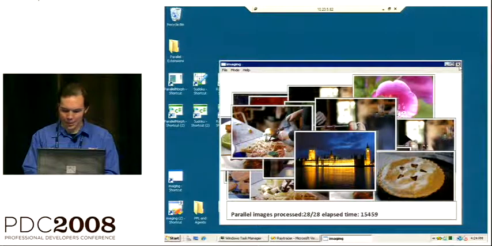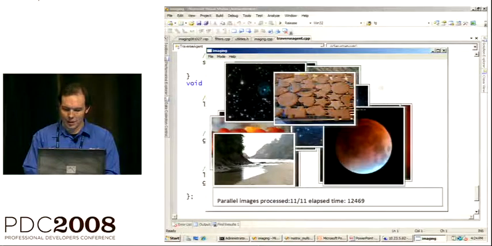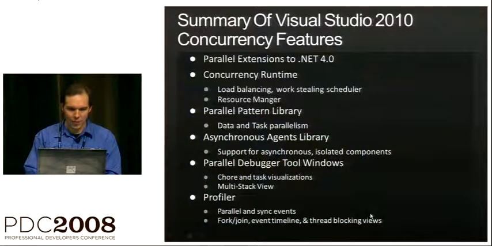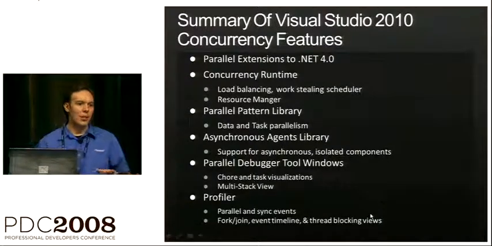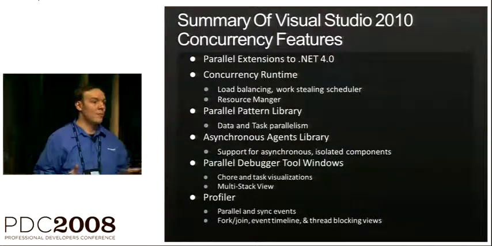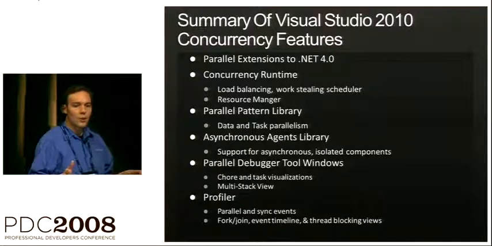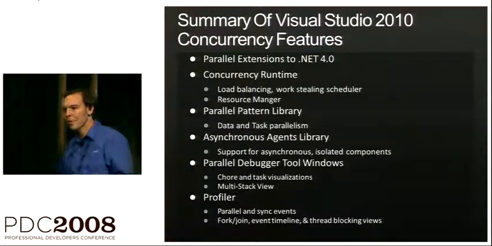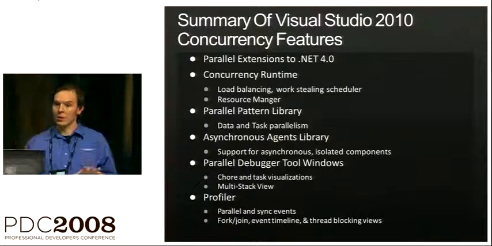Okay. So I actually saved a lot of time for questions here. When we look overall at Visual Studio 2010, on the managed side, we're looking at the parallel extension to .NET.